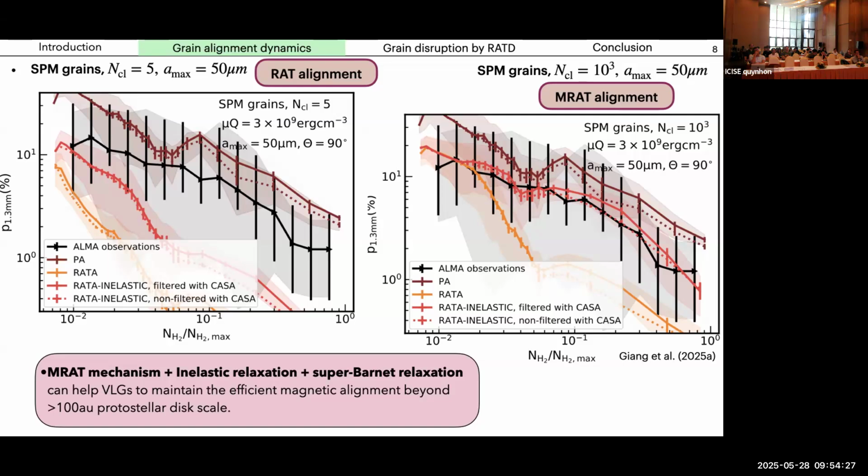As a result, the red line can reproduce rather well the polarization degree observed by ALMA from the envelopes into the disk scales. So we suggest that the MRAT mechanism, inelastic relaxation, and superparamagnetic relaxation are the mechanisms behind the perfect alignment of very large grains in young stellar objects.